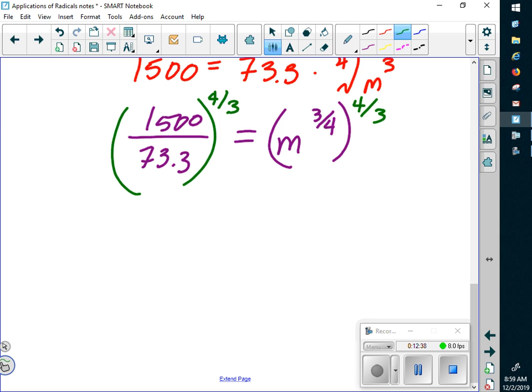What's the right side now? That's just m, isn't it? So doesn't that say m equals this right here?